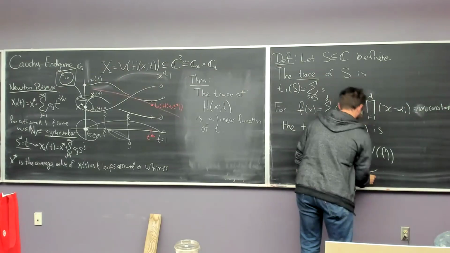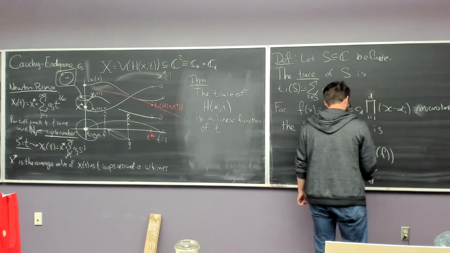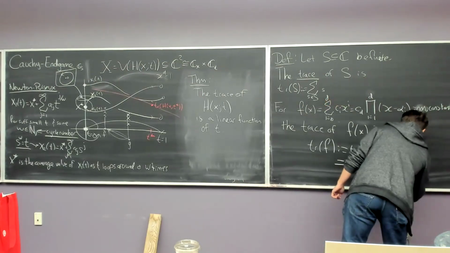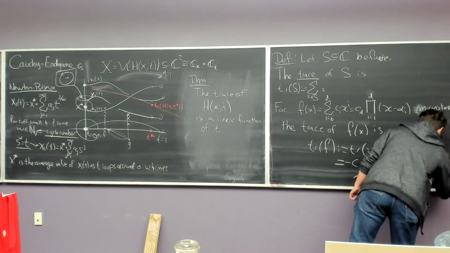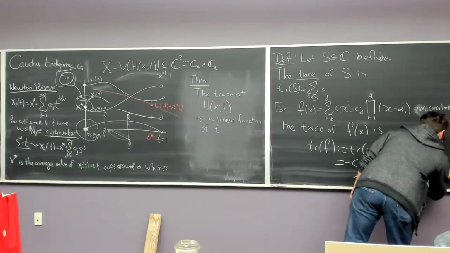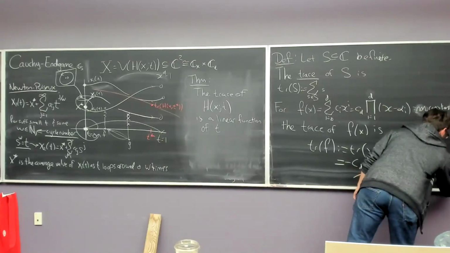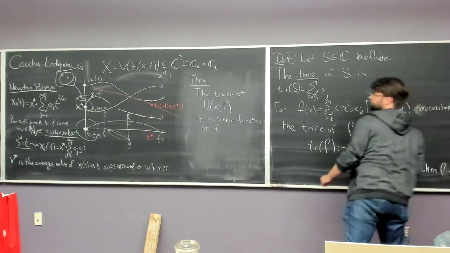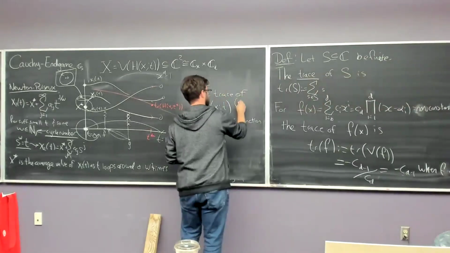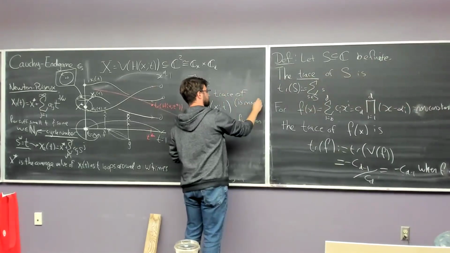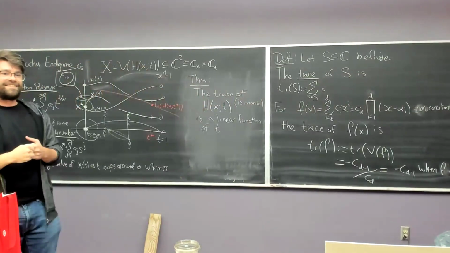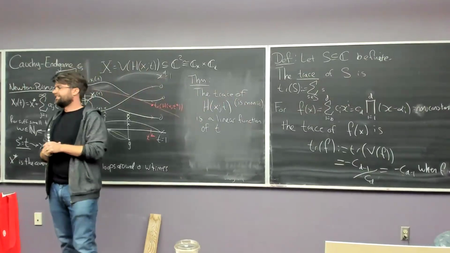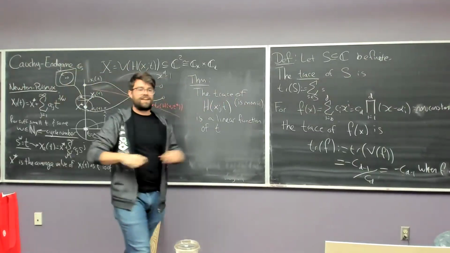You could just take a univariate one, but anyway. F is monic. Yes, this is monic.